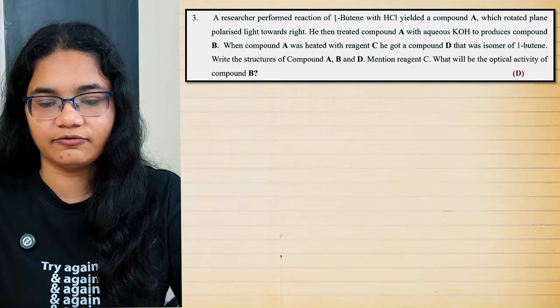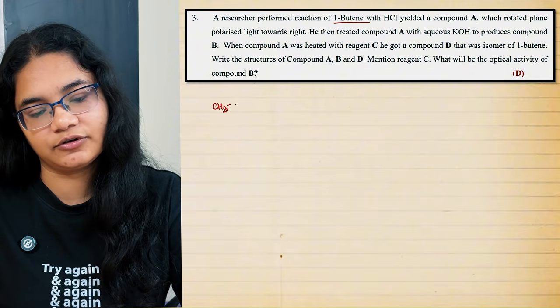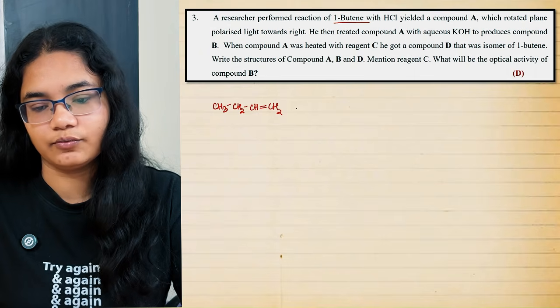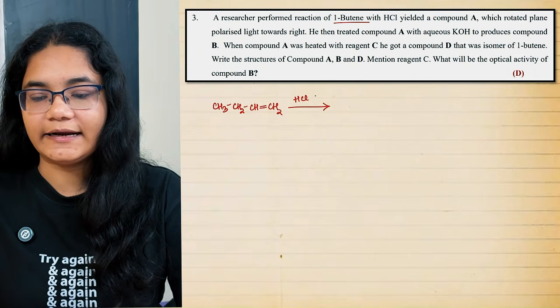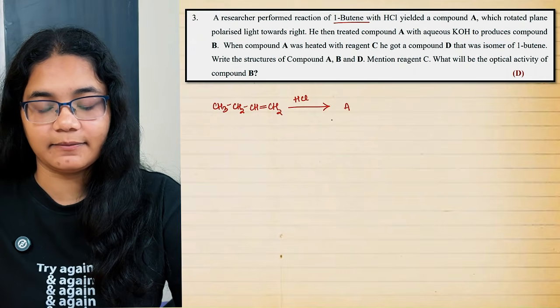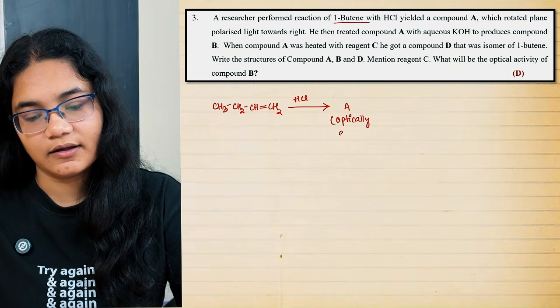A researcher performed a reaction of 1-butene, CH3CH2CH=CH2, with HCl, yielded a compound A, which rotated the plane polarized light. That means this compound is optically active.